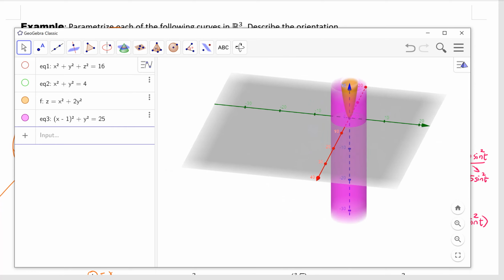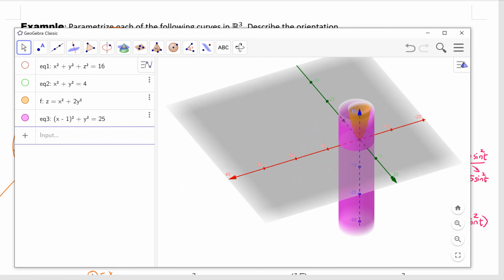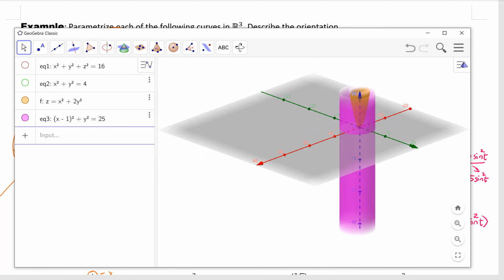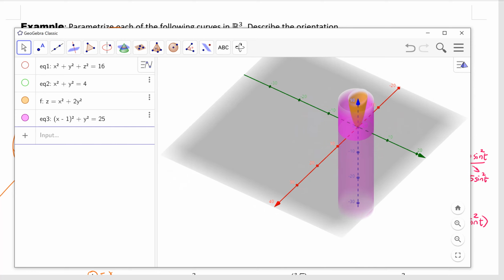I think maybe they have limitations that they couldn't draw an infinitely long cylinder, but you can imagine if they intersect, there will be some ellipse curves over there. All right. So this is how to use GeoGebra to graph our surfaces and curves. Okay. Let's continue with our handout.